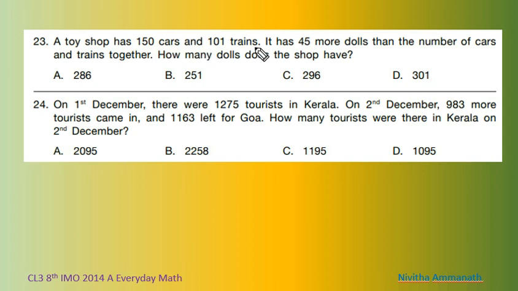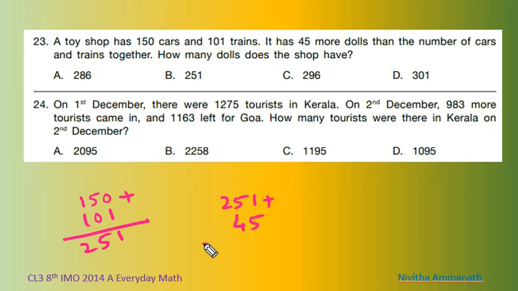Cars and trains, how many in total? 150 plus 101. That is 251. 45 more dolls than the number of cars and trains together. So 251 plus 45. That is the dolls.